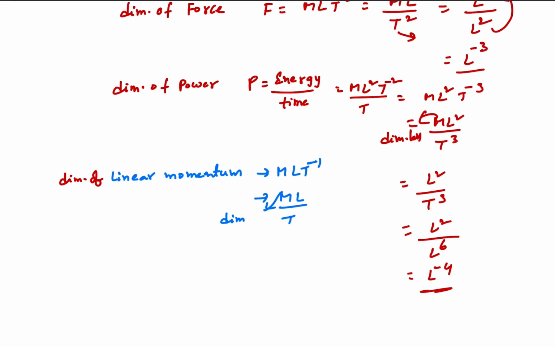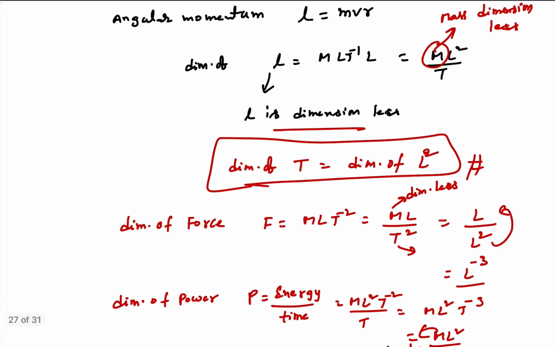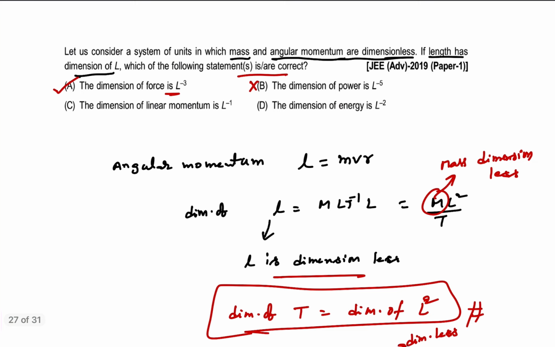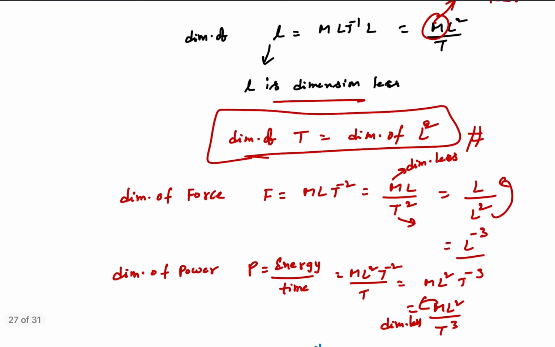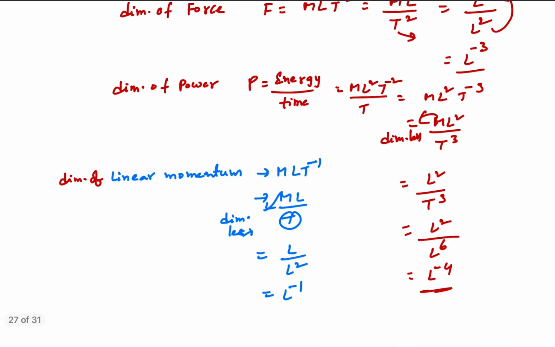So we can write it as m L divided by t. M is dimensionless as per the question. So you can write it as L divided by L square, that is equal to L power minus 1. Why am I writing L square here? T dimension is L square. That's why I am writing L square. So L power minus 1 is there. So that also is correct.